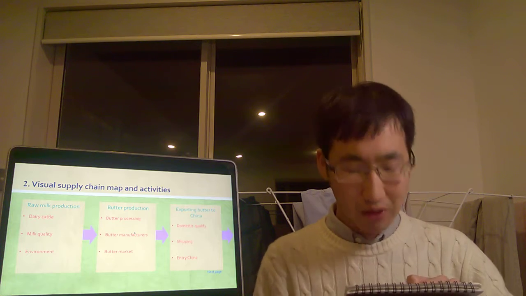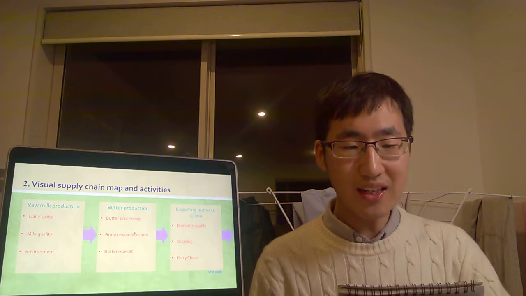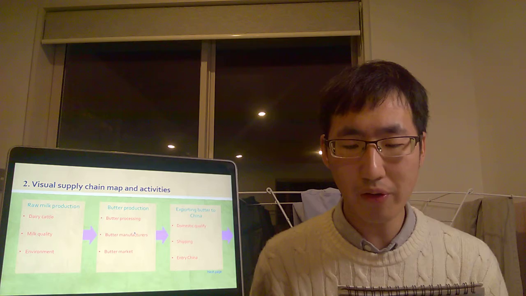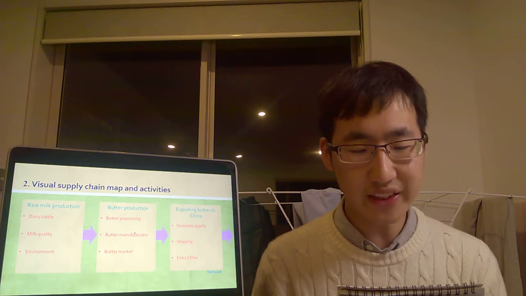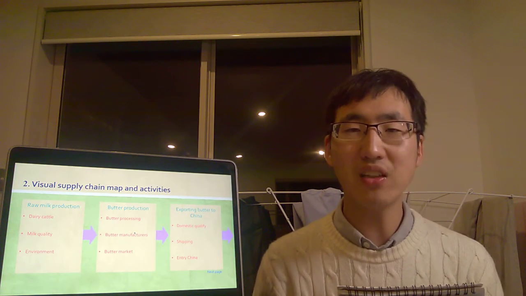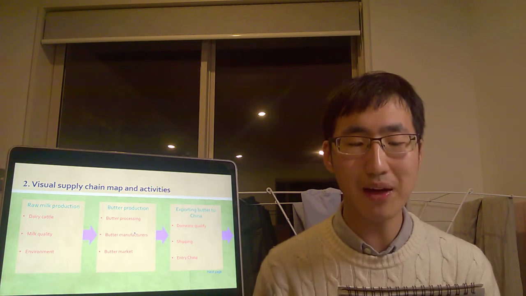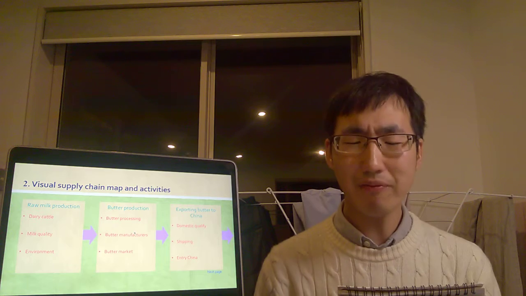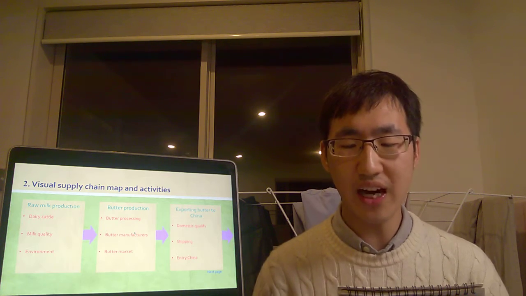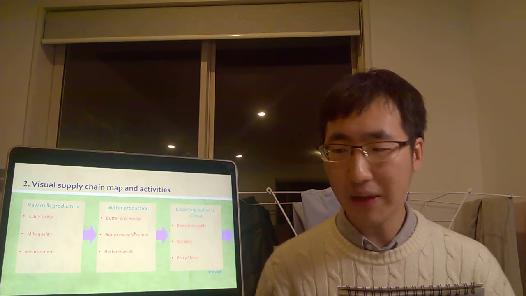For the second, the butter processing activity. In this activity, regulation will firstly influence the processing of butter. Because butter is a kind of food, it will also relate to the food risk management program. Manufacturers need to restrict their activities for MPI.